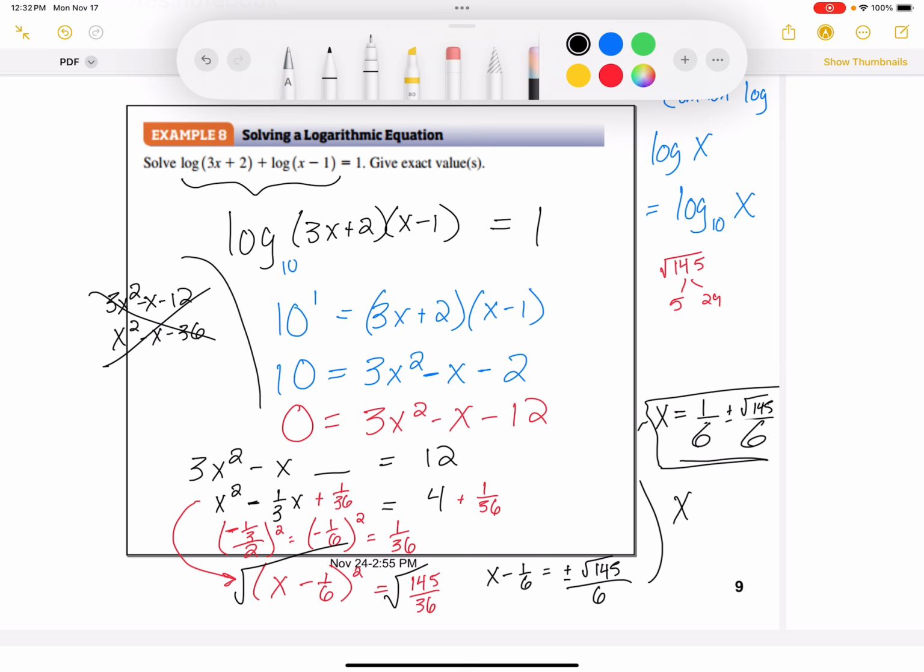So x equals 1/6 plus the square root of 145 over 6. The negative one is extraneous because when you plug it in, it isn't going to work out.